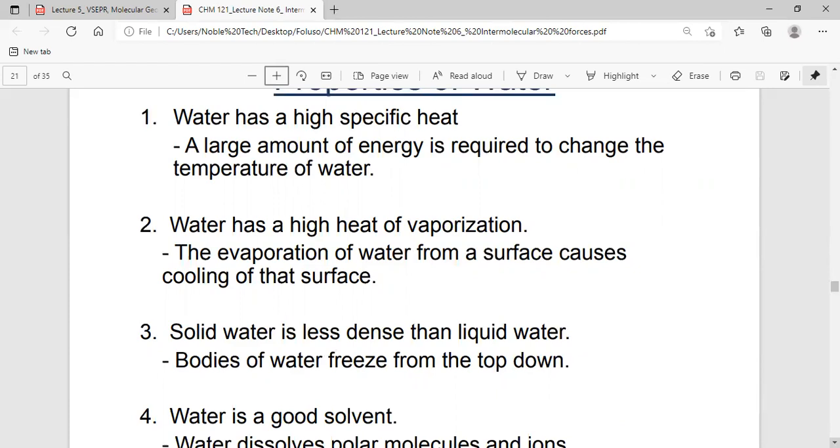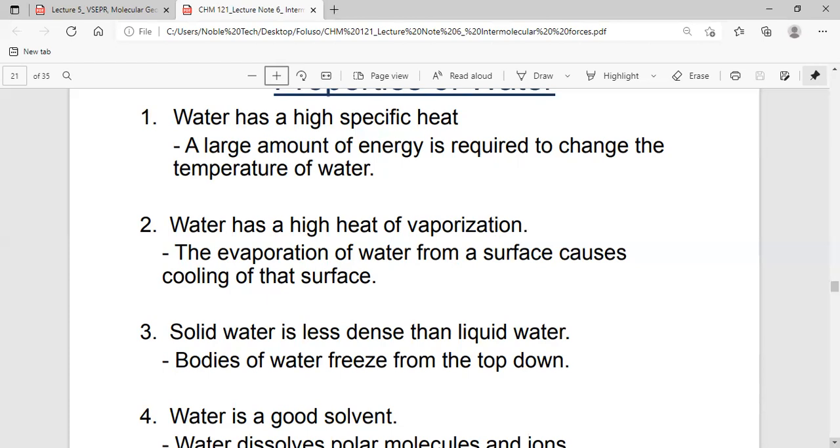Then solid water is less dense than liquid water. It is called the anomalous behavior of water. Between 0 and 4 degrees, water becomes very dense. Between 0 and 4, you have water having the highest density.